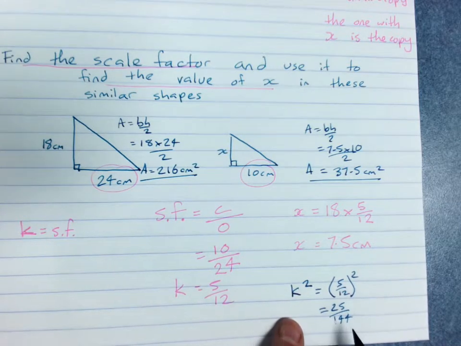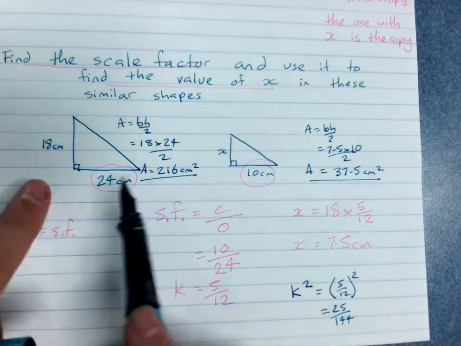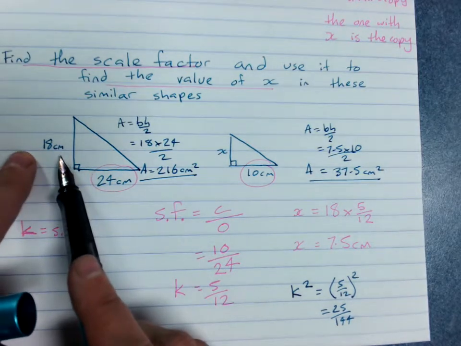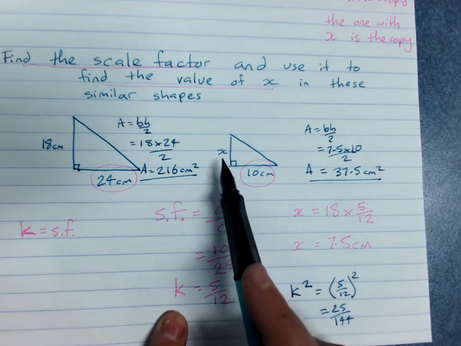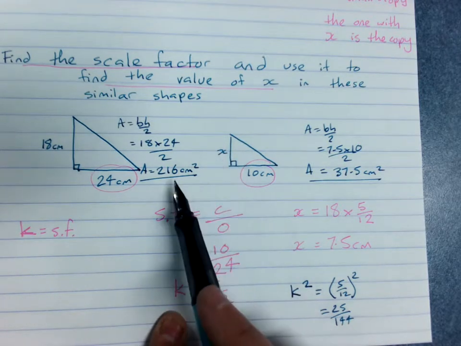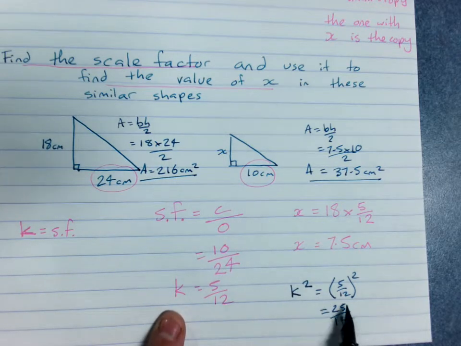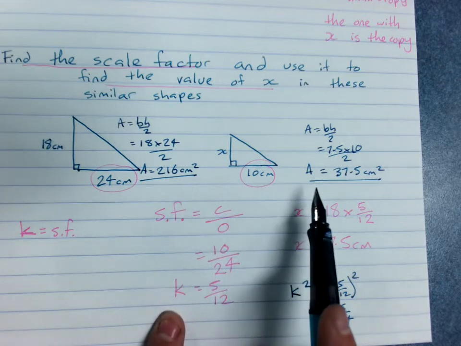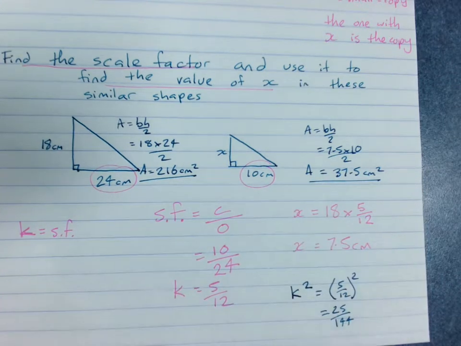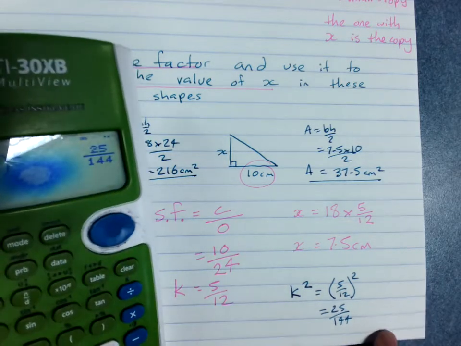Now what that's saying is that we multiplied 18 by the scale factor, k, to get x. If I do the area of this big one times the scale factor, the reduction factor here, I should get the area of the little one. So I've got that ratio, 25 over 144.